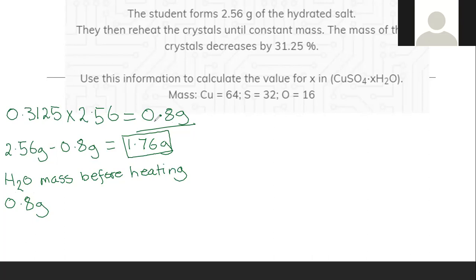Then we need to work out our mass of copper sulfate. We know our copper sulfate mass by the end, sorry. Our CuSO4 mass is 1.76 grams.